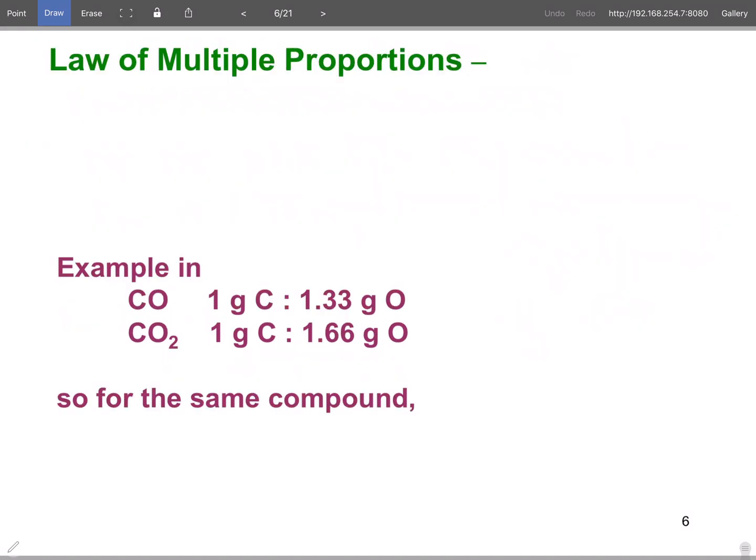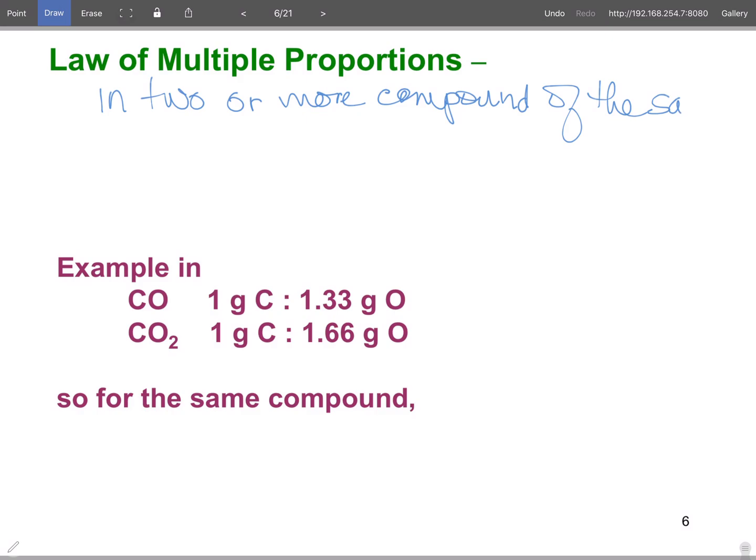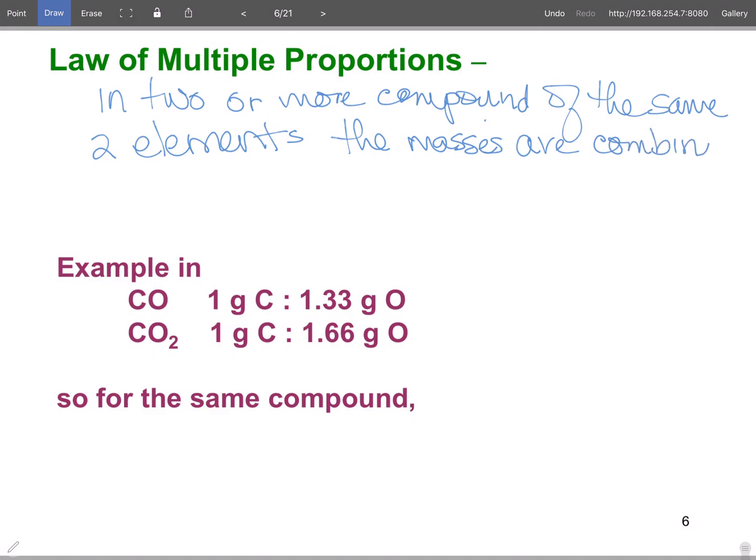Okay, the law of multiple proportions says that in two or more compounds, and there are a lot of them, of the same two elements, or more elements, because once we get up, we can get more, the masses are combined in a fixed whole number ratio.